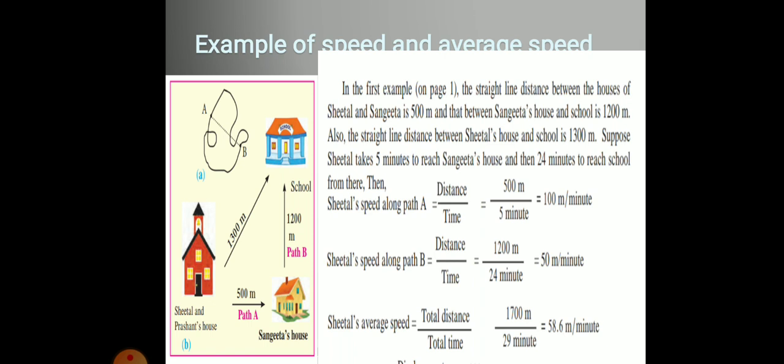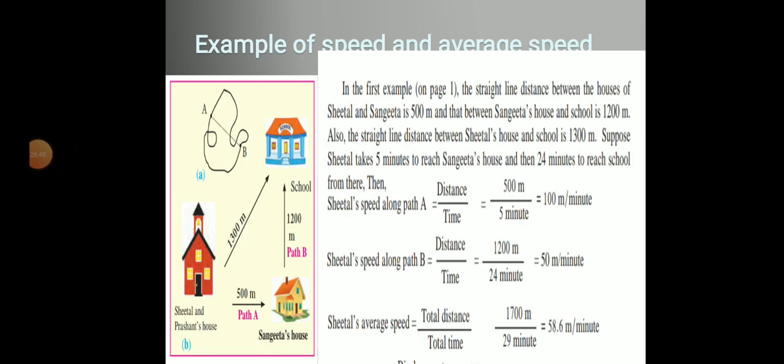Here, the total distance traveled by Sheetal along path A plus the distance traveled along path B, divided by the total time required along path A plus path B, is equal to 1700 meters divided by 29 minutes, which is equal to 58.6 meters per minute.